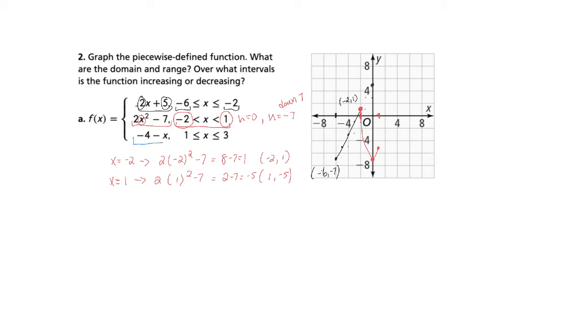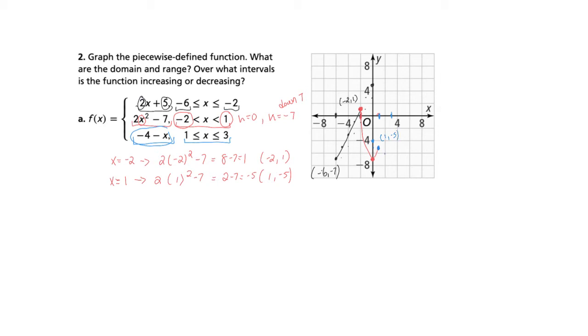Last one is from 1 to 3. So from 1 to 3, we have this right here. It's at -5, and we have a slope of -1 over 1. So that means we go down 1 to the right 1, and there's our point for 1, which is 1, -5.